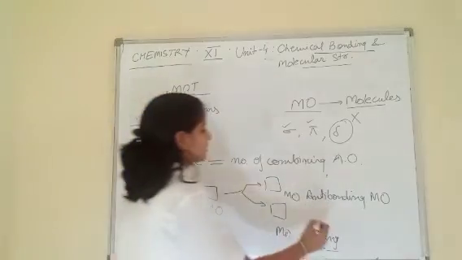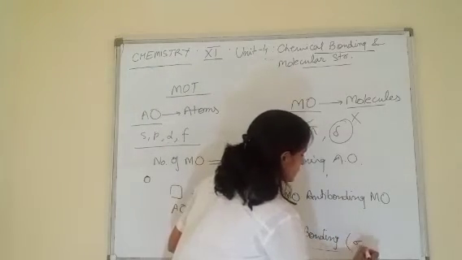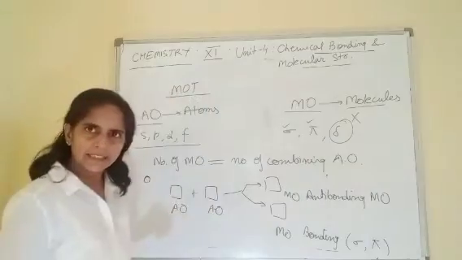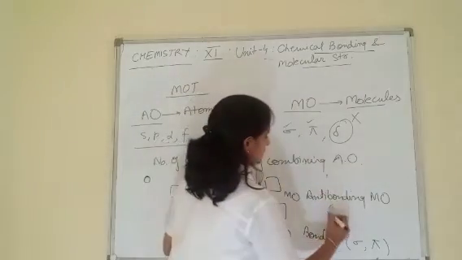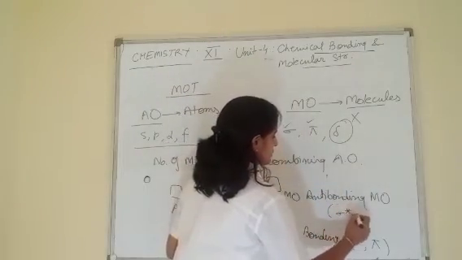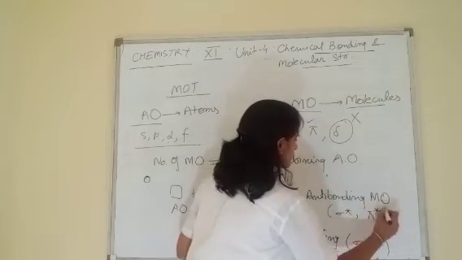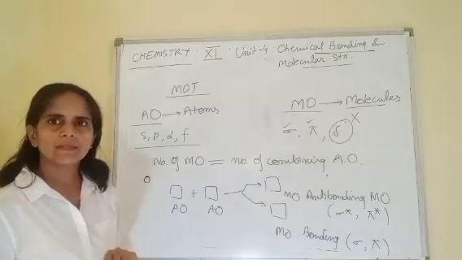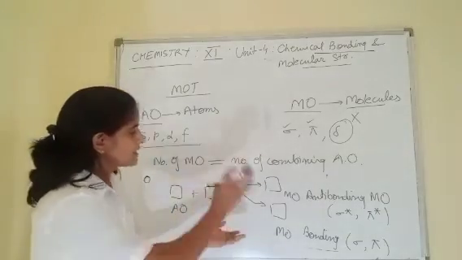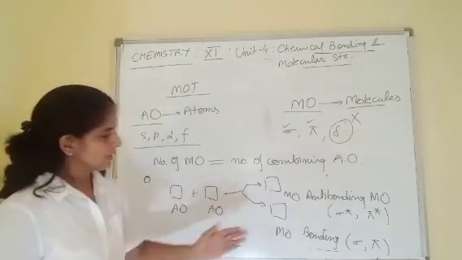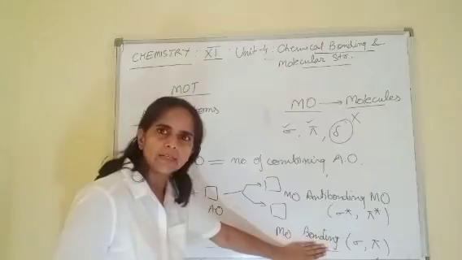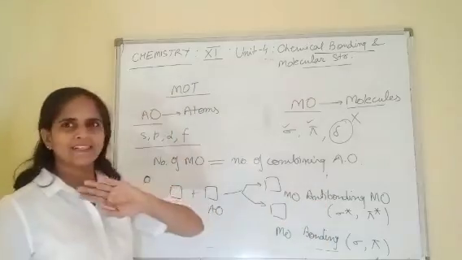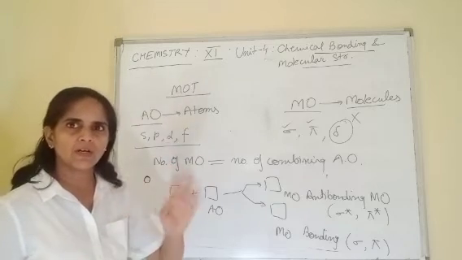Bonding we will be representing by sigma, pi. Anti-bonding like sigma star, pi star. Now the question comes to your mind: can I just reverse it? Means, can I write here anti-bonding and here bonding? No, my dear children, not at all.